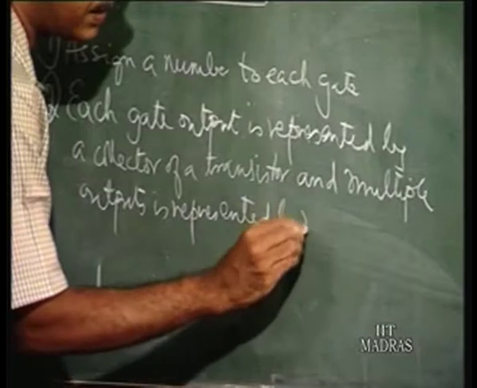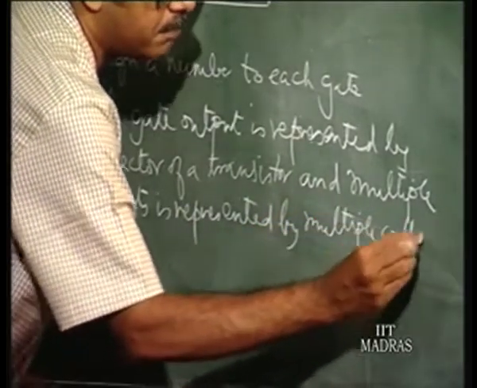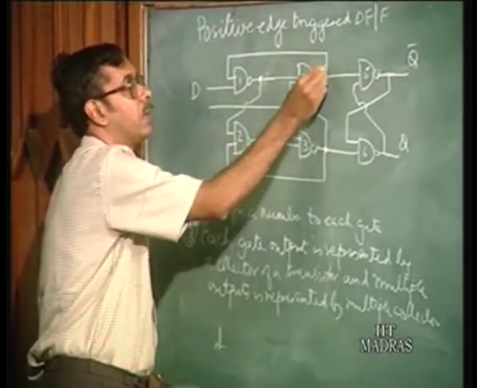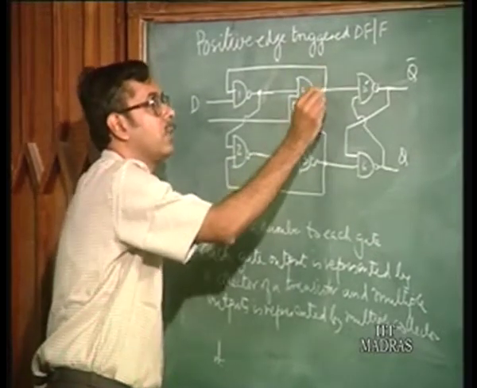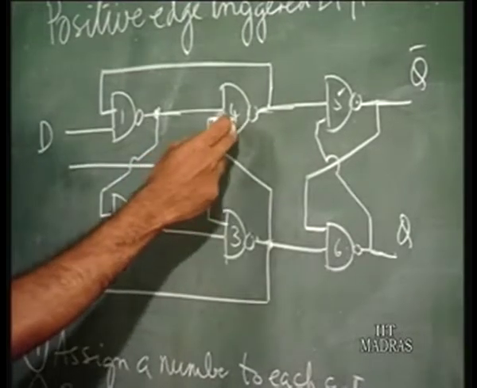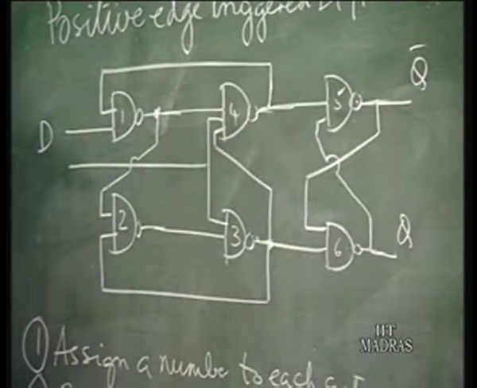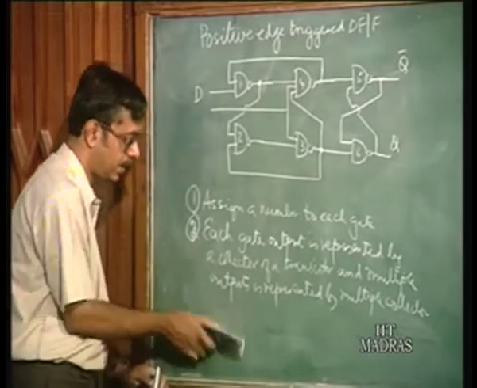That is, basically, if you have 2 outputs from each gate. For example, here it is one going here, one going that side, so it's a fan out of 2. So this particular transistor, which represents gate 4, must have 2 collectors. All right. So multiple outputs are represented by multiple collectors.